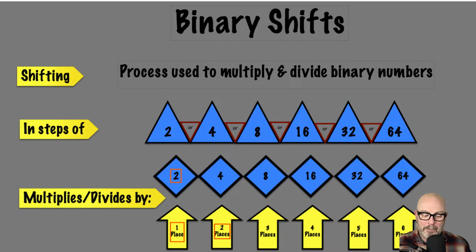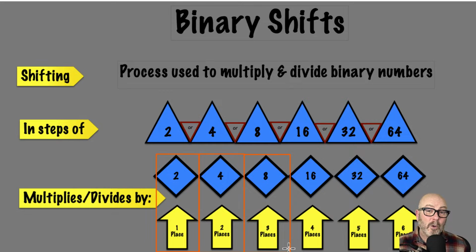All right? But when you move one place, which I'm going to go back to here because it's worth spending a little bit of time on this, if you move one place, you're either halving or doubling the number. If you move 2 places, you're either dividing the number by 4 or multiplying it by 4. If you go 3 places, you're either dividing it by 8 or multiplying it by 8.